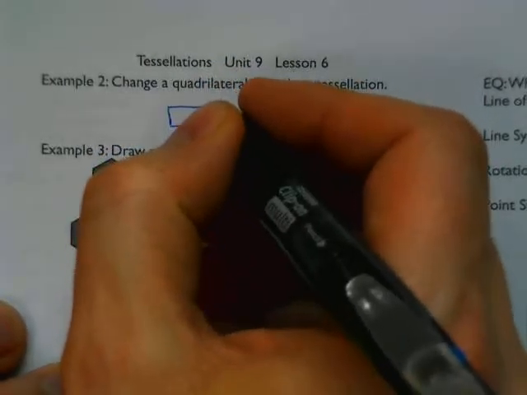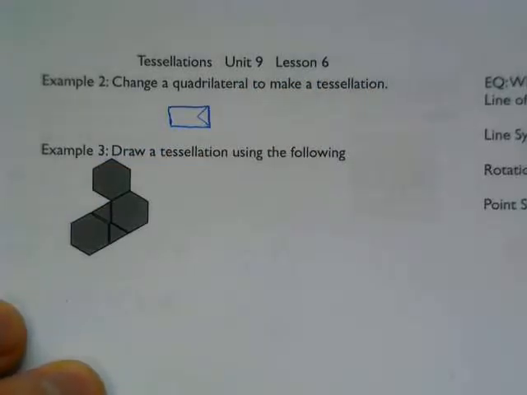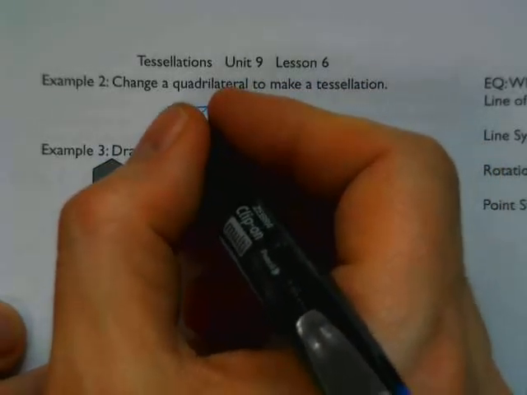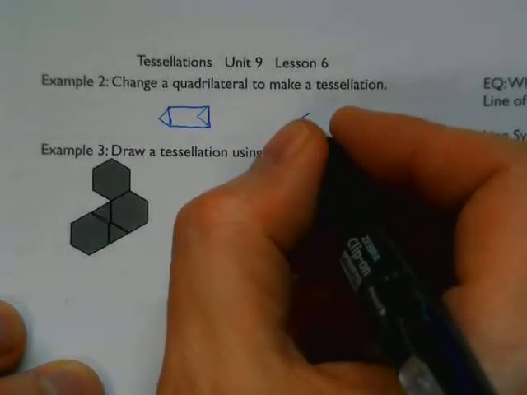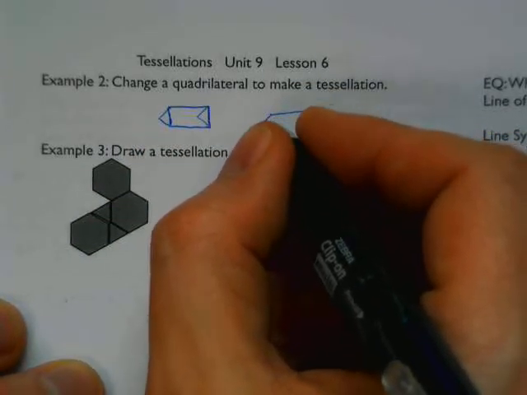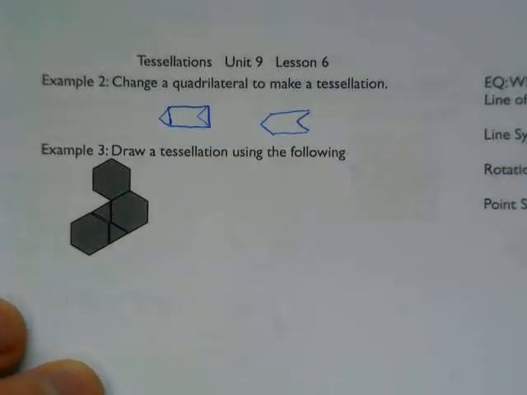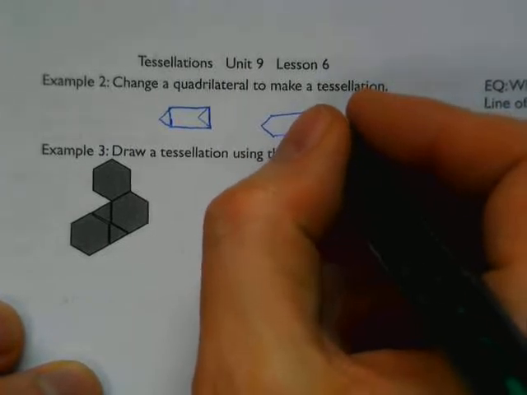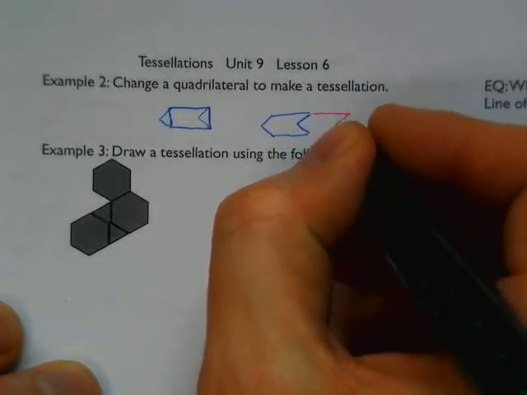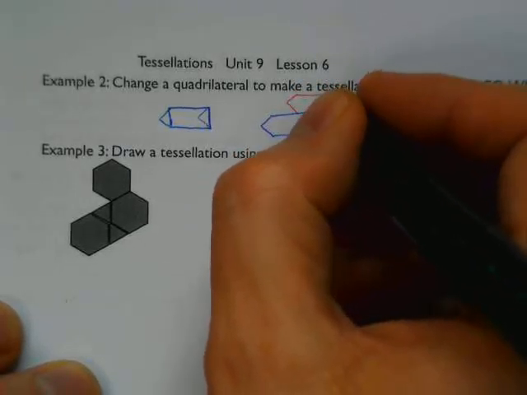But what you do is you essentially just take one side out, and whatever you do to that side, you kind of do the opposite to the other. So, my shape at this point would look something like this. And because what I did to one side, I did to the other side, I can continue this as a tessellation. And it would look something like this.